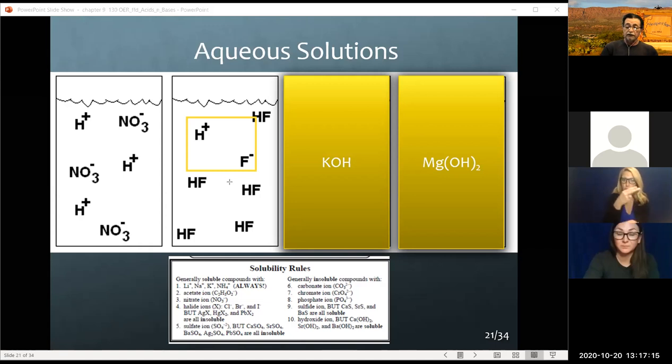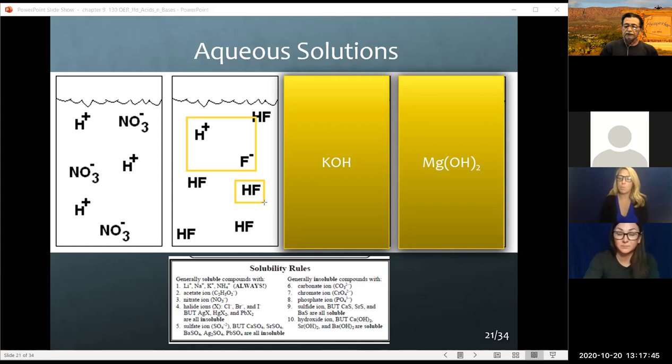The rest of them should show 3 to 5 combined molecules of HF in solution. Notice that they're together, because this is a weak electrolyte. There's very few ions in solution. The bulk of the compound is still together and not dissociated, and that's denoted by HF, still combined. So let's show about 2 or 3 of them.